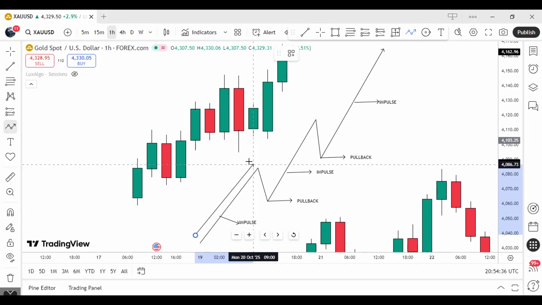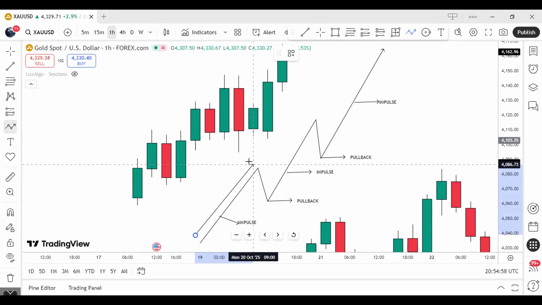Impulsive moves come with large momentum in the case of an uptrend. Because the buyers are much stronger than the sellers, the market will give impulsive moves to the upside, creating heavy and large momentum candles, which generate fair value gaps as it's going up. Why?